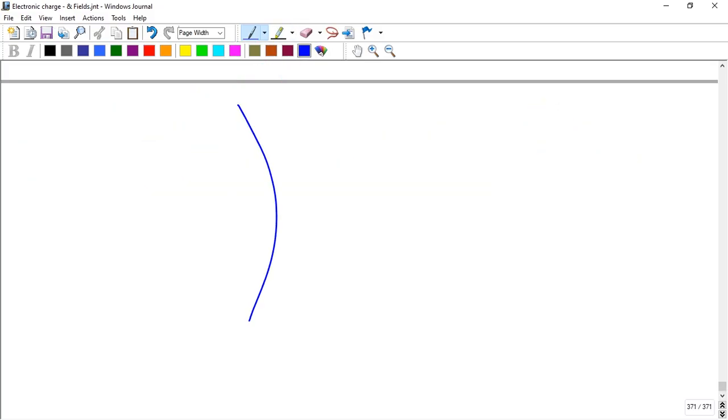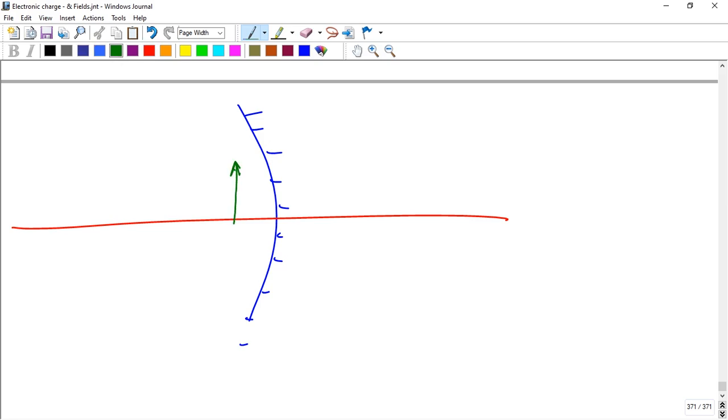Suppose we choose a convex mirror here, that's the principal axis, and I place an object here. There is an object, and that is an incident ray. After striking here, we get the focus, and we need another point, the pole, and these two rays meet here.